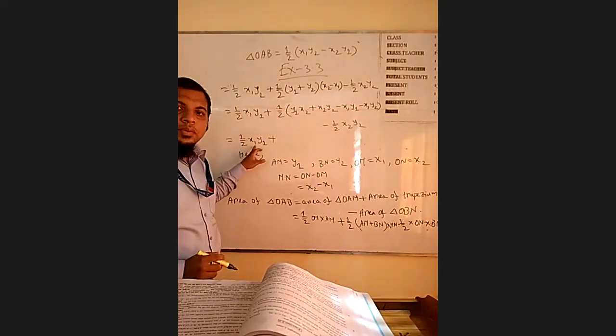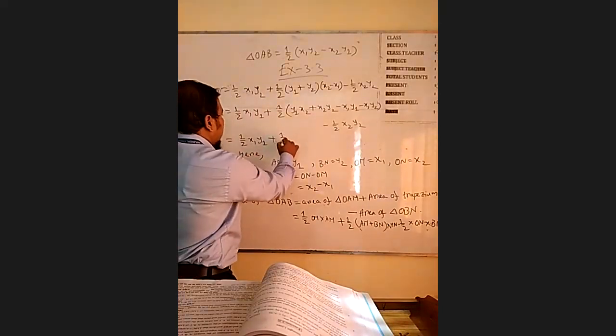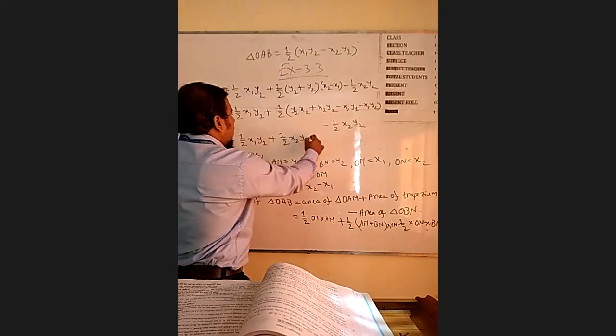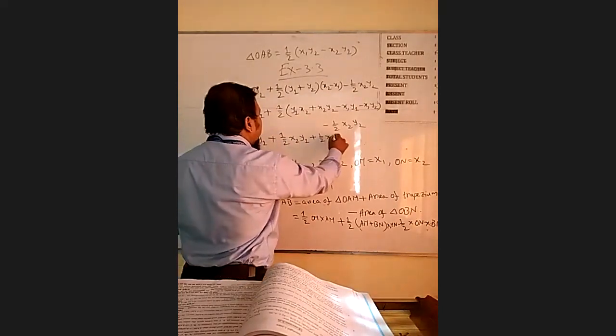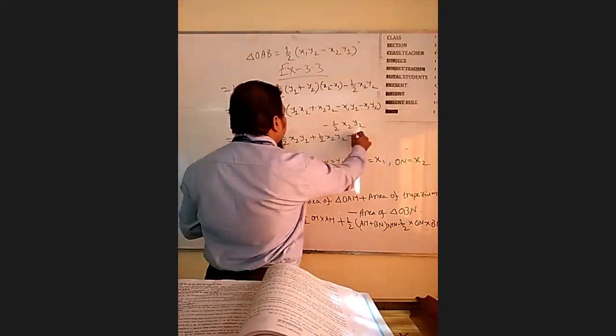Half x1 y1. Then we should write x2 y1, it will be better. Then half x2 y2, and minus half x1 y1.